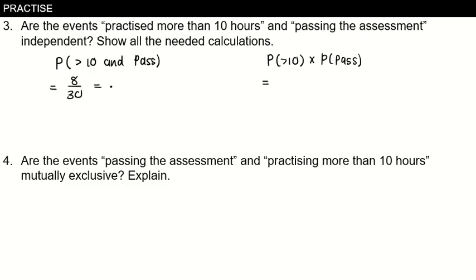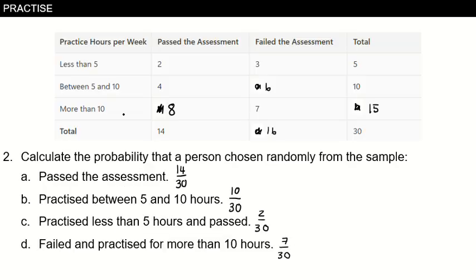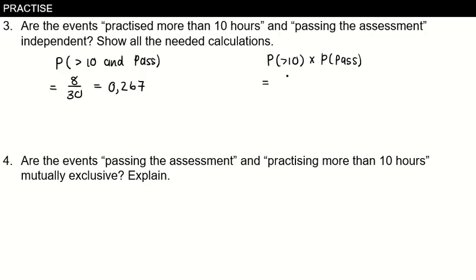Taking that to decimal form, that would be 0.27 if I round. The probability of practicing more than 10 hours is 15/30. Remember, we're taking the entire group. We don't care whether they failed or passed. We just want the people that practiced more than 10 hours.